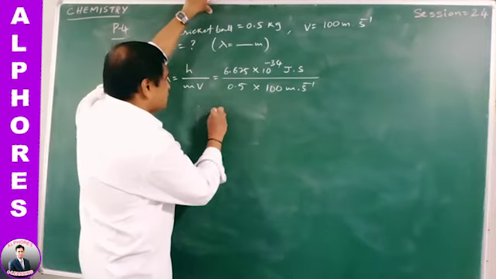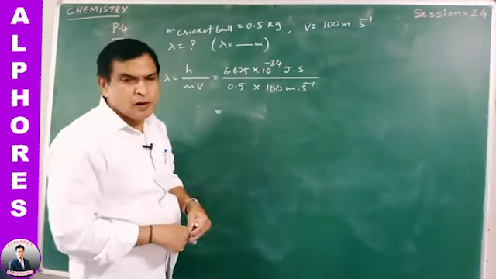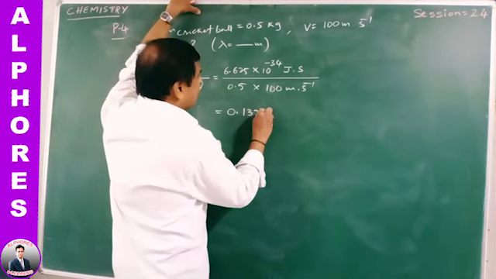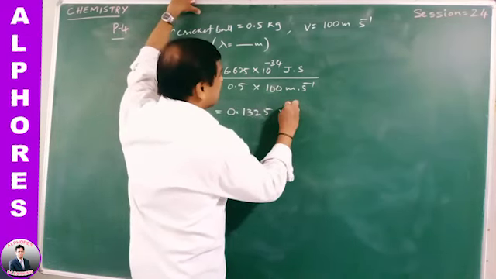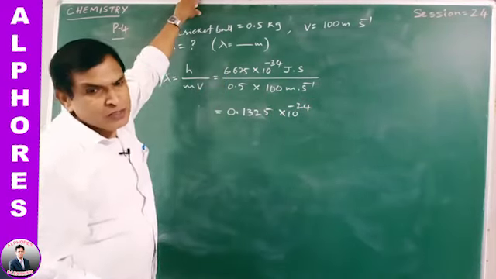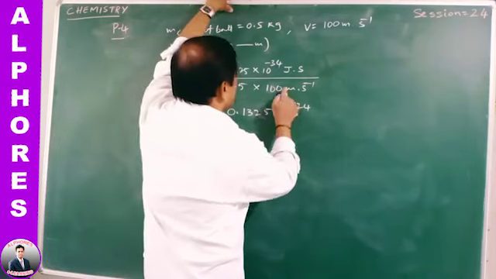So the simplified value is equal to 0.1325 into 10 to the power minus 34, sorry, it is 34.